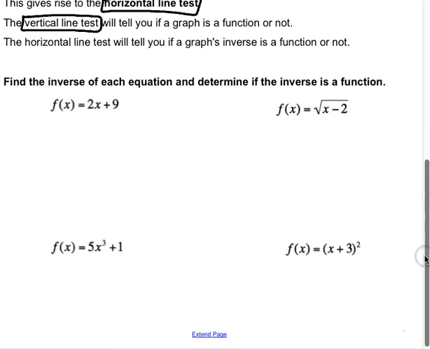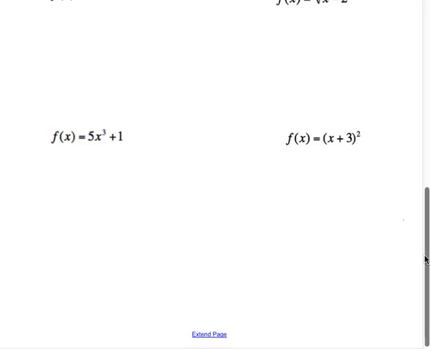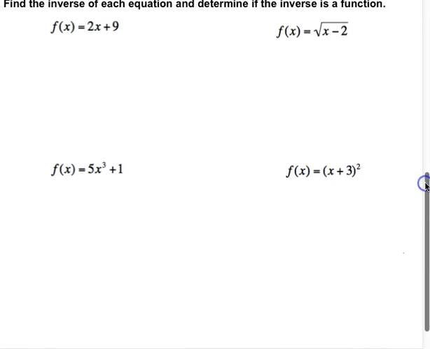Okay, so here I have four functions. So here is my y, all right? And remember, to find the inverse, you flip the x's and the y's.